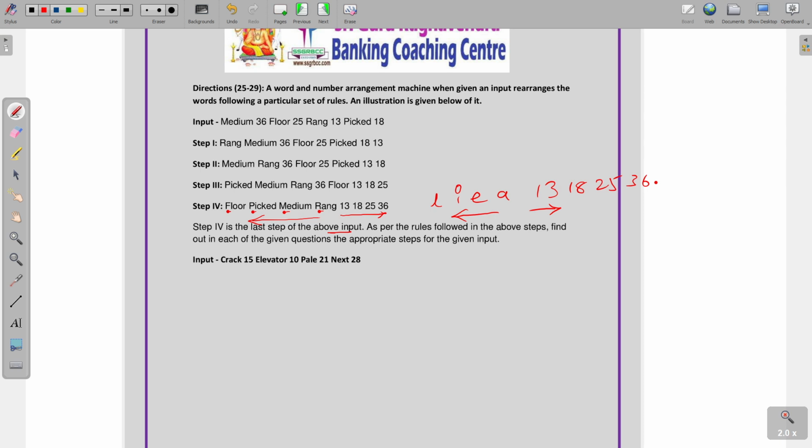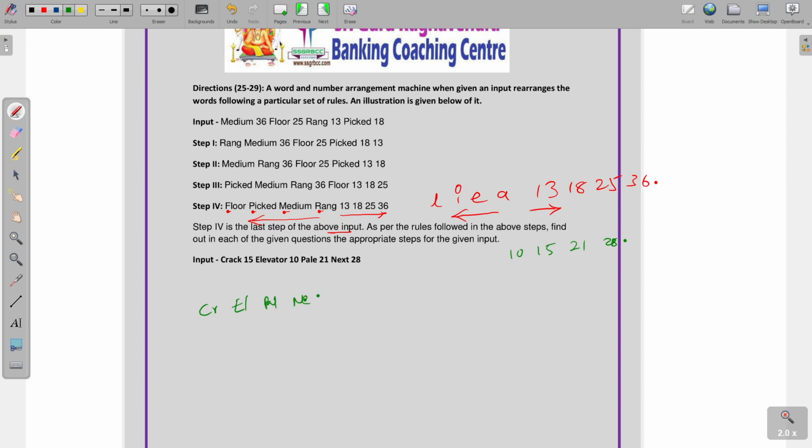Using this logic, we have to find the steps for this input. See the first one: crack 15, elevator 10, pale 21, next 28. First, let us write the output. Numbers are arranged in ascending order: 10, 15, 21, 28. Next, the words: CR, EL, pale and next.